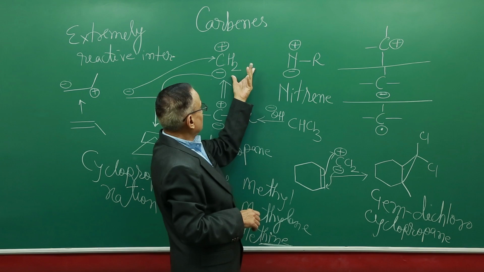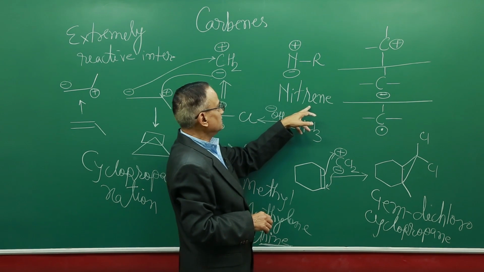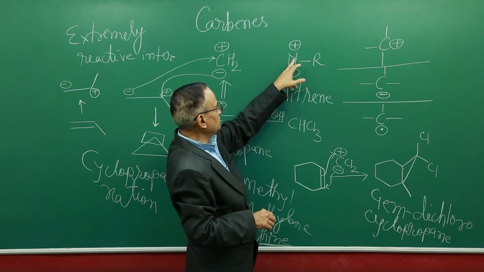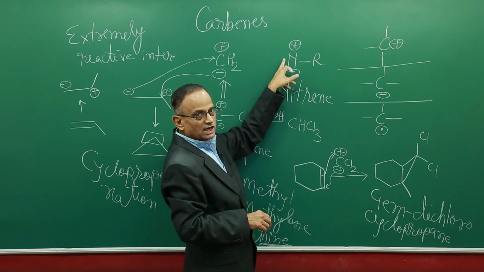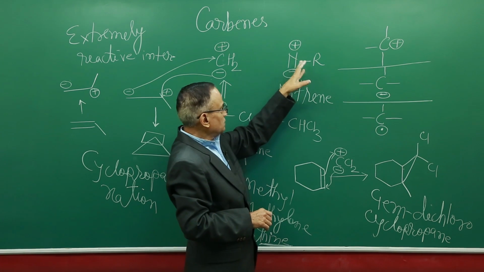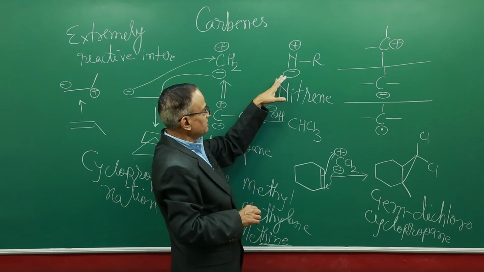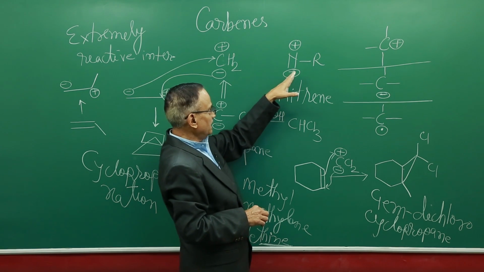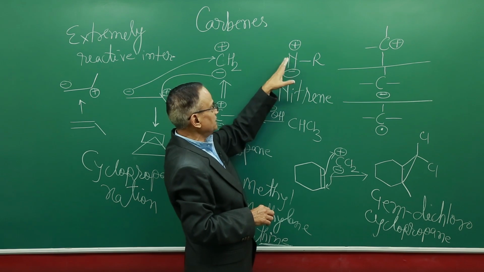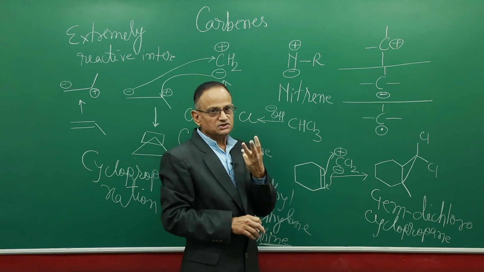Now, another closely related species to carbene is nitrene. Nitrene means the positive and the negative charge is on a nitrogen instead of carbon. So similarly, nitrenes and carbenes both are very reactive intermediates because they are highly deficient in valency. The normal valency of nitrogen is 3.